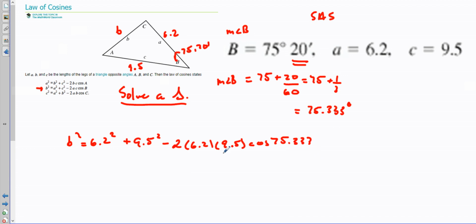B is then going to be the square root of that quantity. When you put this in your calculator, you can figure out what your answer is going to be.